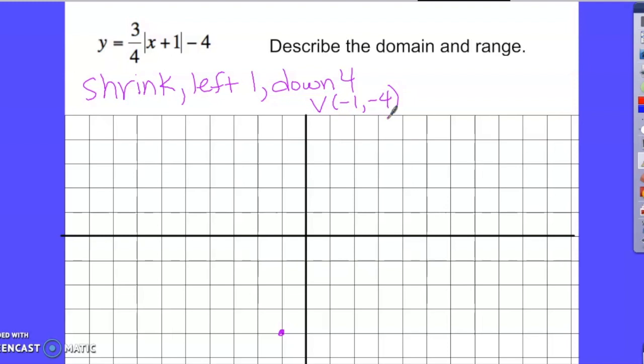That means we go up 3 and right 4. Then we draw the dashed line that's kind of the middle of the V, and then we're going to reflect it on the other side. So if you notice, this point right here is how many spaces away from the green line? 1, 2, 3, 4. So we're going to go 4 spaces on the other side.